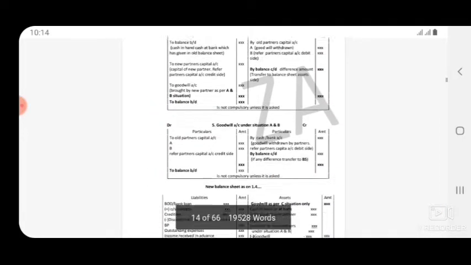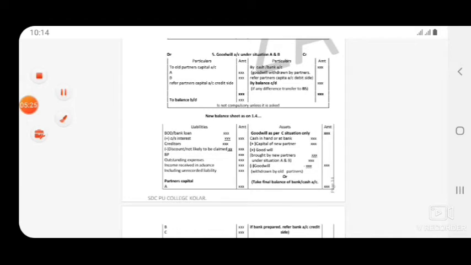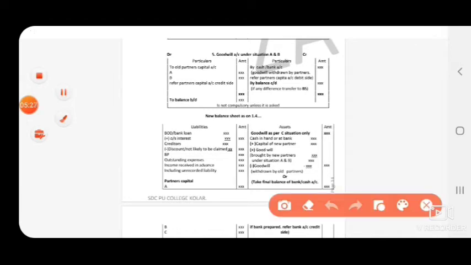Next, goodwill account. Under situation A and B, first I will explain the debit entries. Goodwill: under partner's capital account, we will share it on the credit side with the two partners, the same amount. On the debit side we have to record it to the old partners capital account.